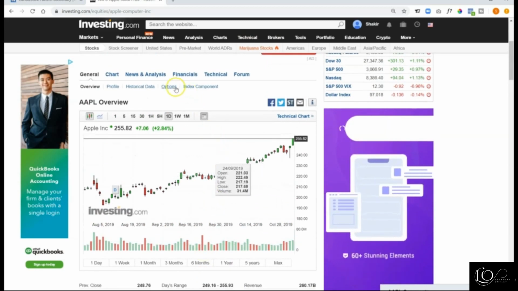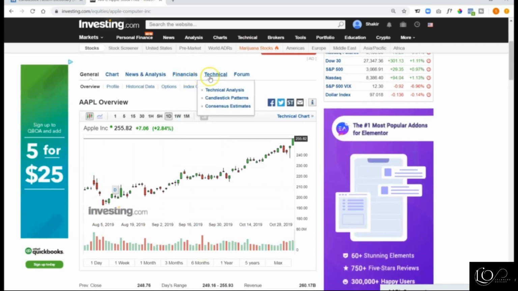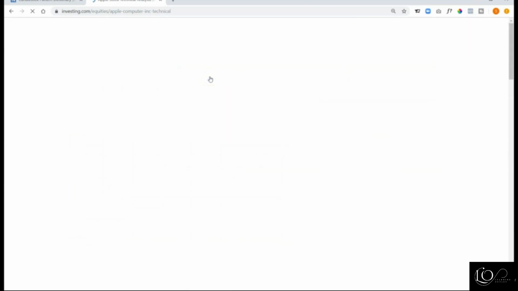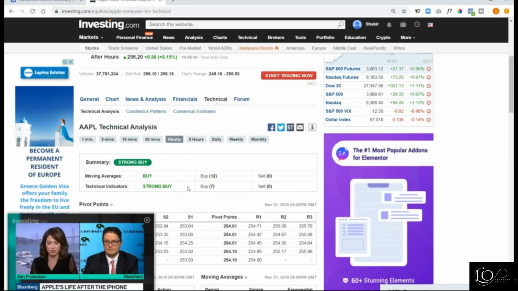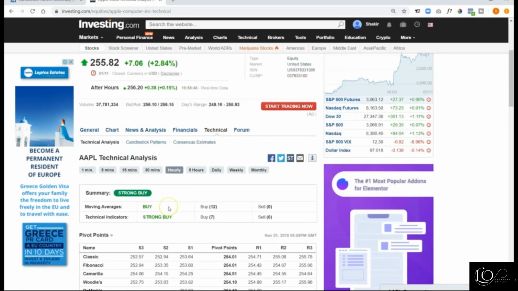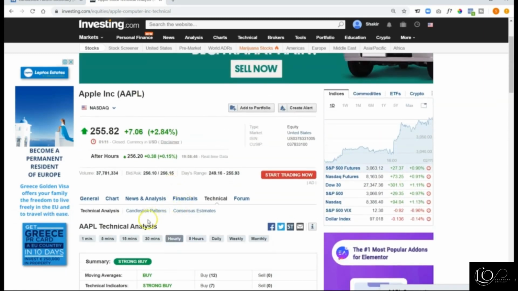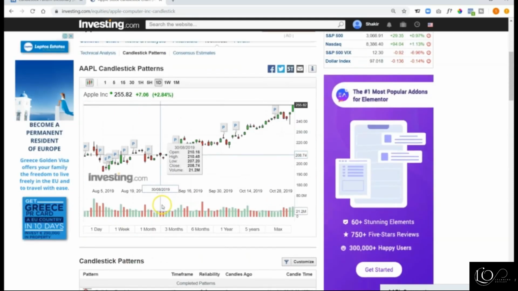So what I want to do is come up here into the technical section. Just click on that, and now we have, I need to get rid of this. Okay, so now we can go into candlestick patterns, and there we have it.